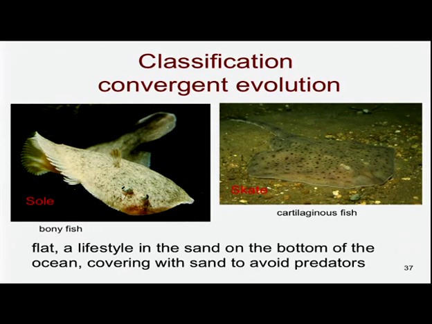So all the flat fishes, real bony fishes, would have a recent common ancestor. They'd be homologous, right? That guy with a stingray, like the same shape, it's cartilaginous, its recent common ancestor was a shark. This guy to a stingray would be homologous. But these two guys together is convergent.